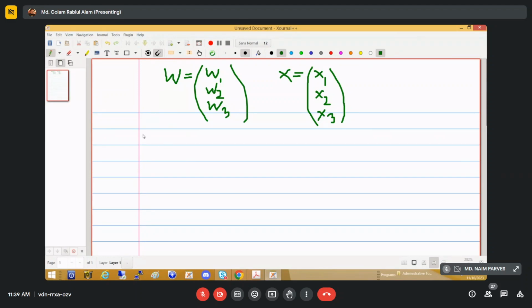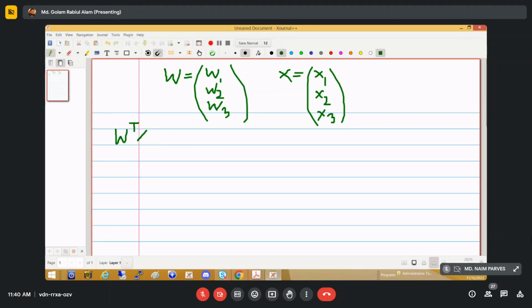So now if we want to find out W transpose, that means this is in column, W transpose will transform to a row.